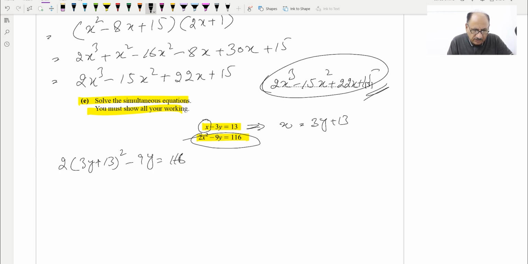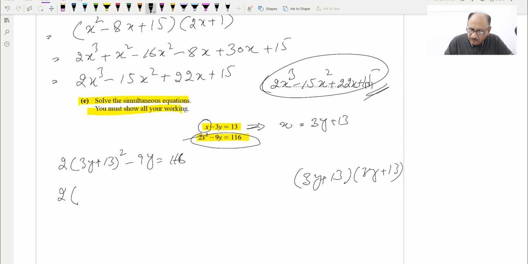And further we can just open the bracket square, and this will be 2 into it. You can use a square plus b square plus 2ab, or you can do one thing, you can write this one separately and open the square.